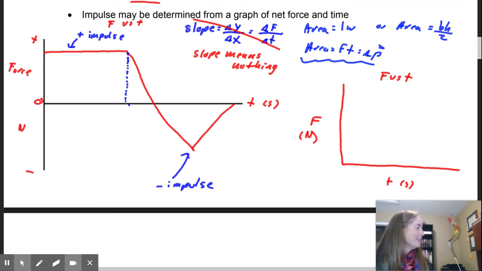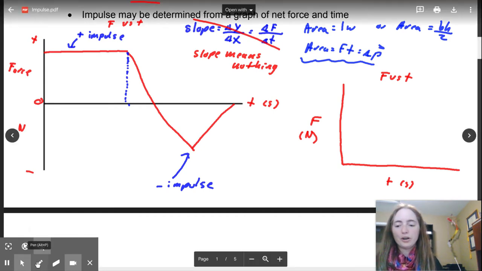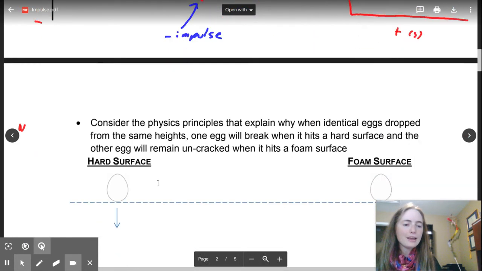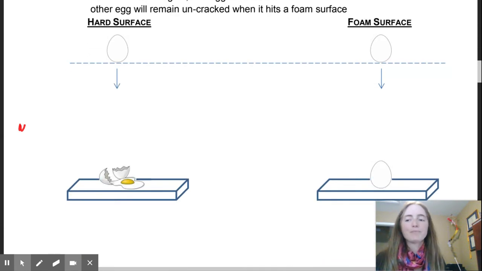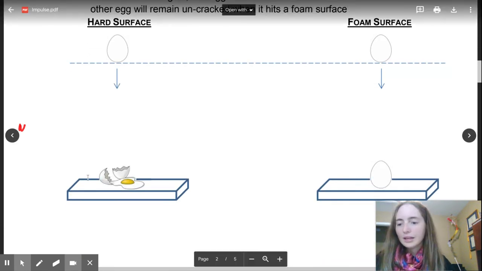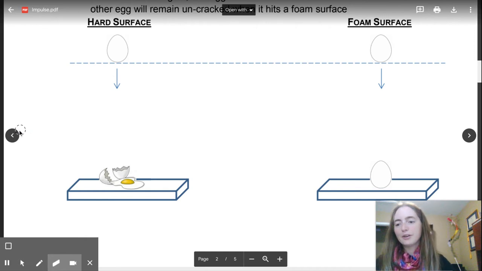All right. So, ladies and gentlemen, let us look at our egg dropping and discuss impulse and force and time. And then we're going to go back up and fill in these graphs. So, erase that random newton there.